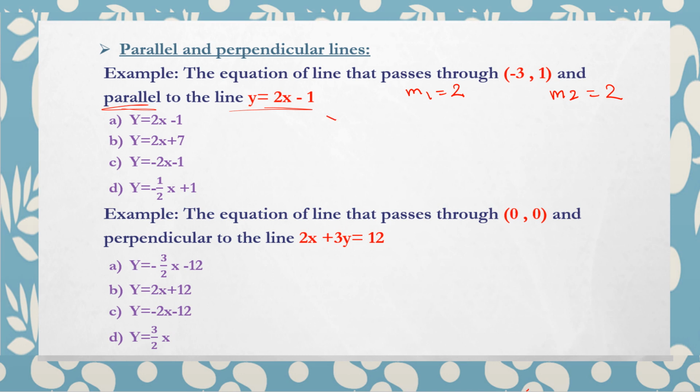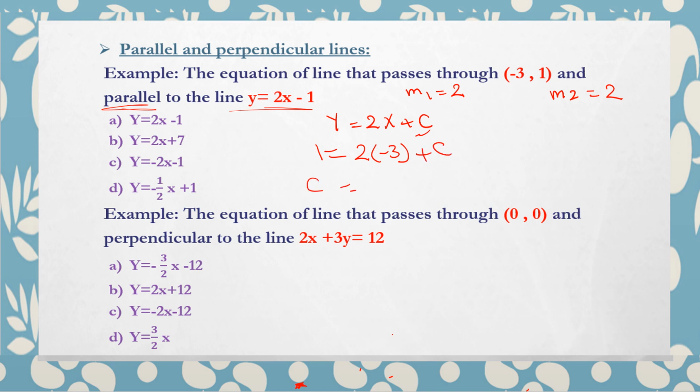So y equals 2x plus c, and in order to get c, we would use the point given in the example. So 1 equals 2 times -3 plus c.